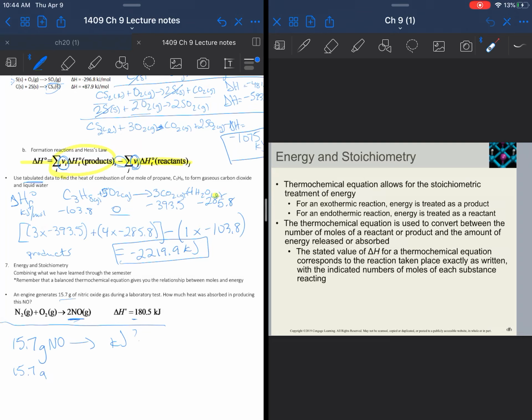180.5 is for 2 moles of NO. So we have to convert 15.7 grams of NO to kilojoules. If we're looking at stoichiometric ratios, it's in moles, so we need to convert grams to moles first.